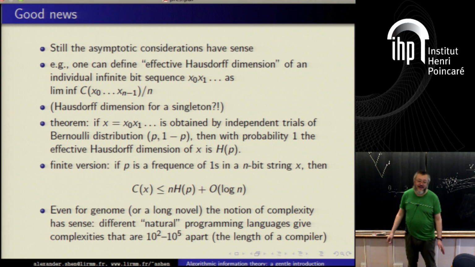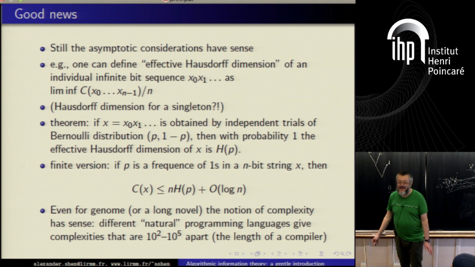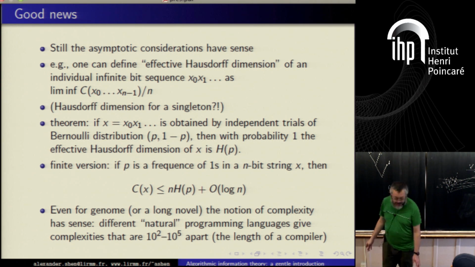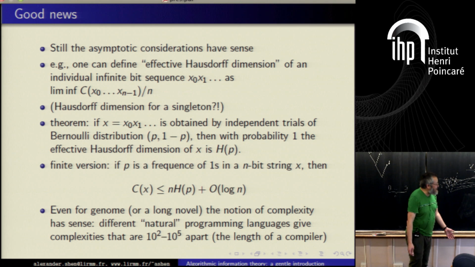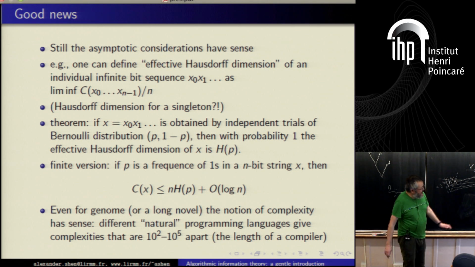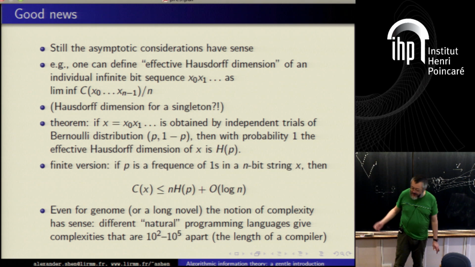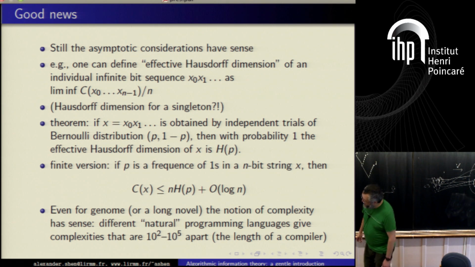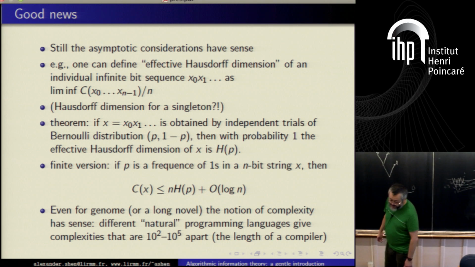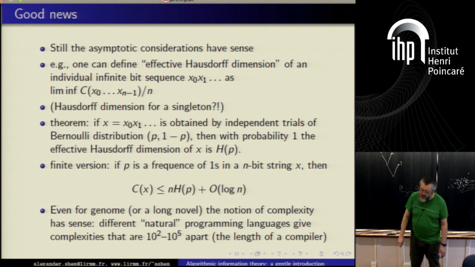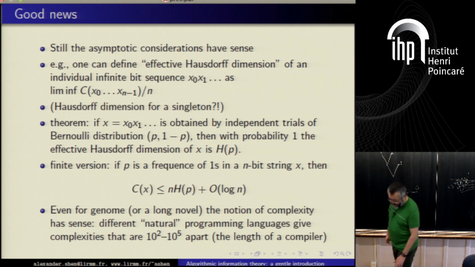So the compiler used like 10 kilobytes, and so if we say that the natural complexity of a programming language is thousands or tens of thousands, then if we want to measure the complexity of a long novel or a DNA genome or whatever, the difference in the choice of programming language is still not that important.